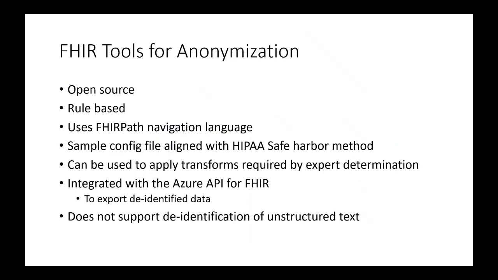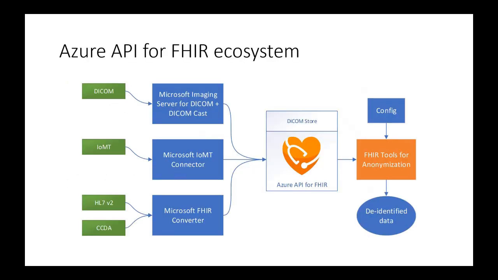So it's FHIR Tools for anonymization. That's what we're going to talk about in this section. It's an open source project available on GitHub. If you search on the internet, you should be able to find it. It's a rule-based system. As you noticed in the previous slide, the FHIR Tools for anonymization on the right-hand side takes a config file, and the config file defines how you want your data to be de-identified.